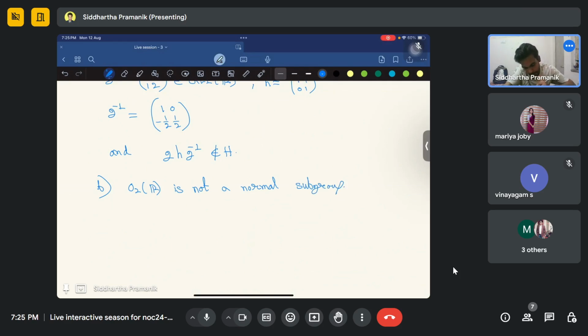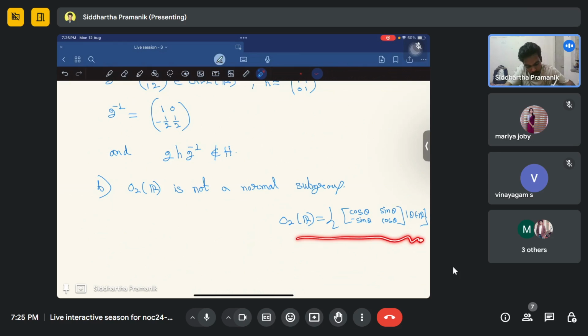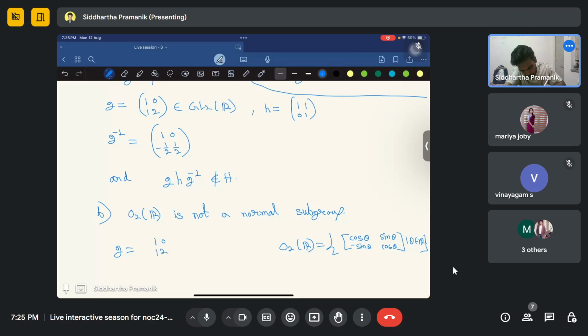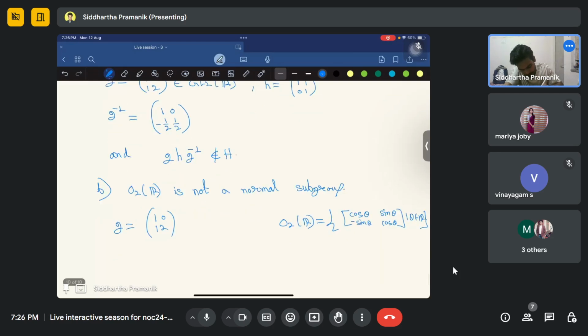So if you recall, I have told you that O2(R) has a special form. It is of the form cos theta, sin theta, minus sin theta, cos theta, where theta is in R. So every 2 by 2 real orthogonal matrix has this form. So this is one fact which you can use. So let's take g as the earlier matrix 1 0 1 2, and let's take h.